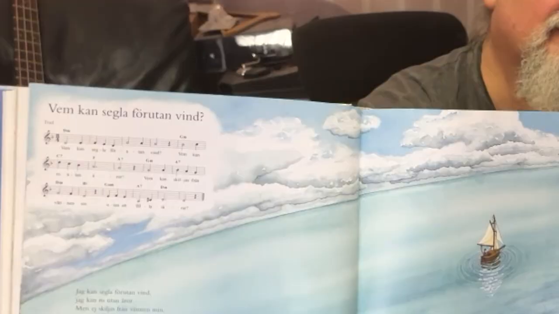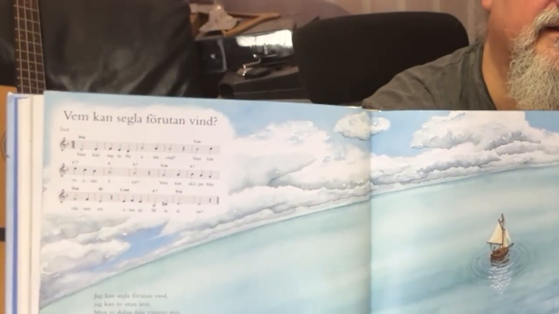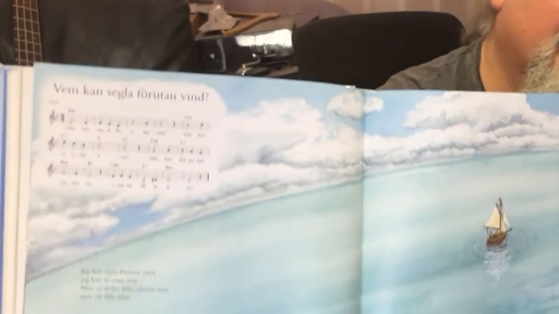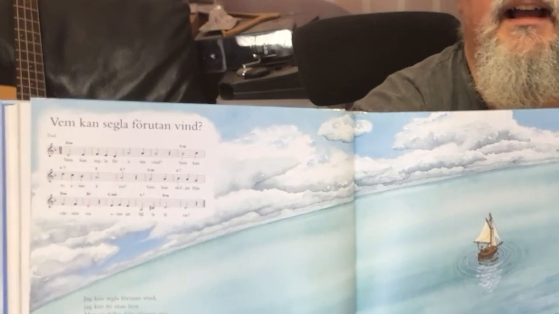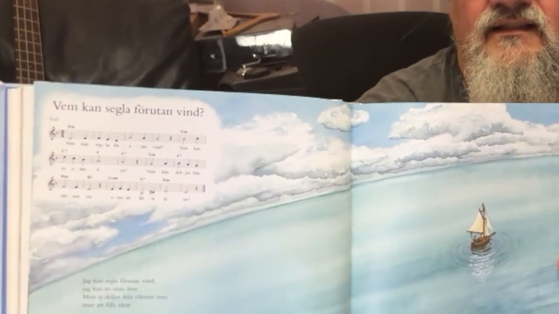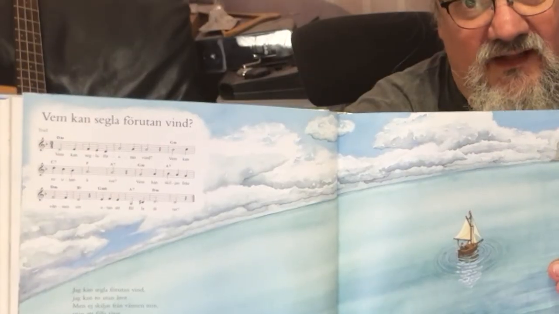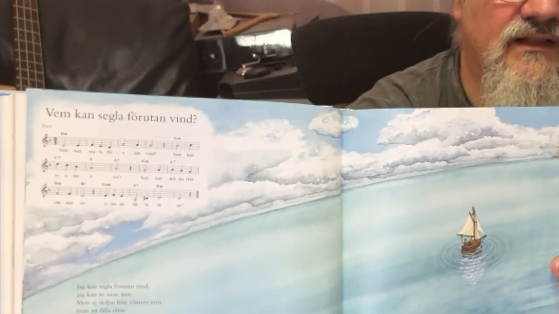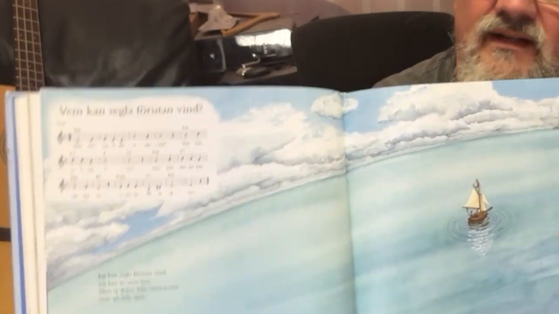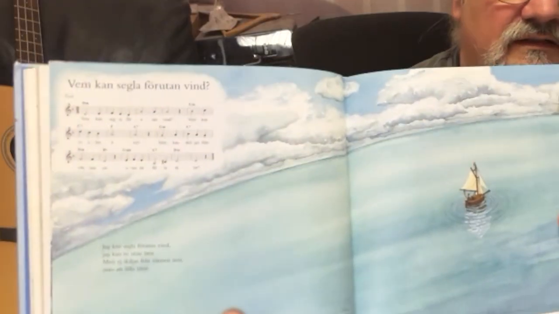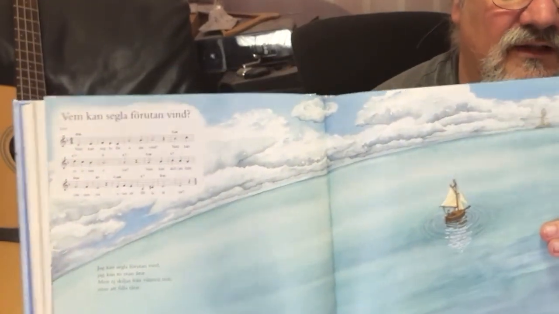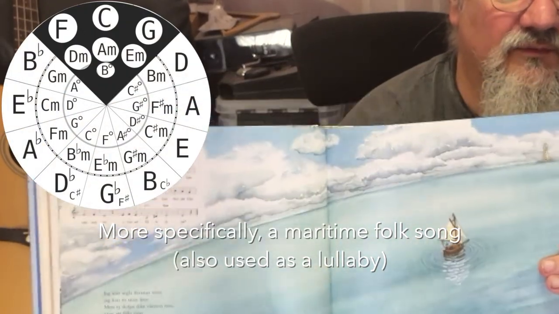And the last impossible thing is how to part from a friend without shedding a tear. And then in the second verse, I can sail without wind, I can do all these other impossible things, but I cannot part from a friend without shedding a tear. Very beautiful text, very old, typical old Swedish folk music.